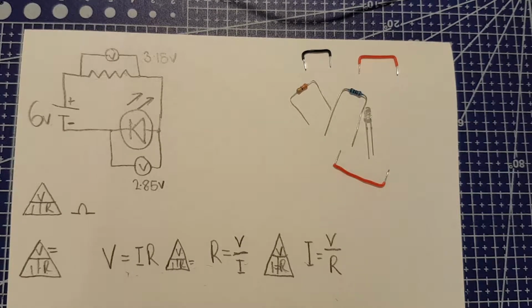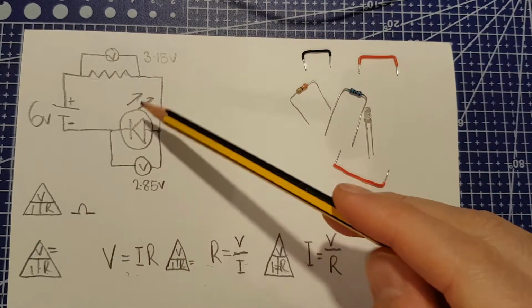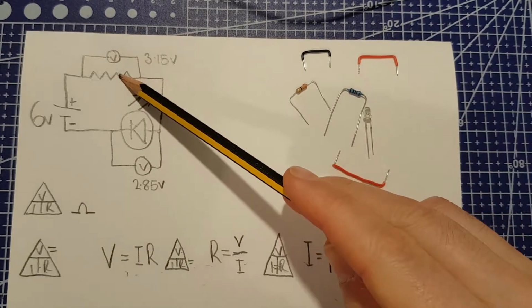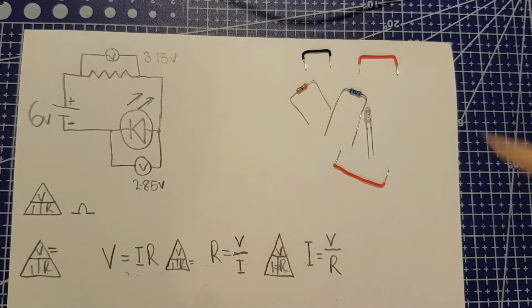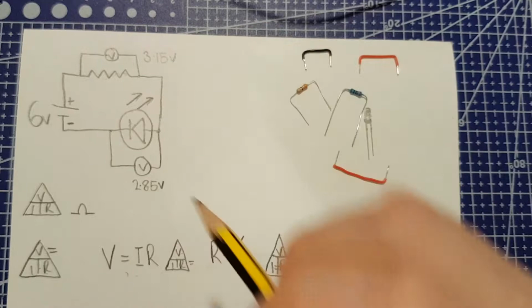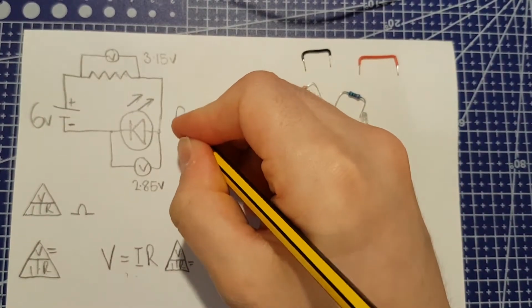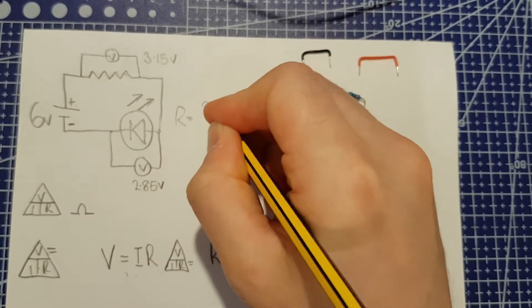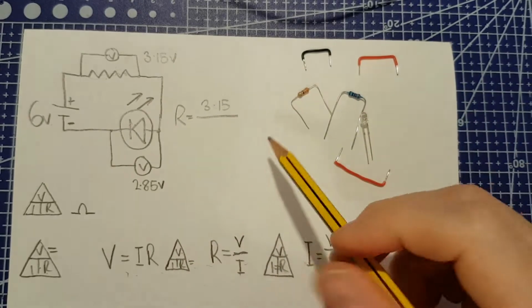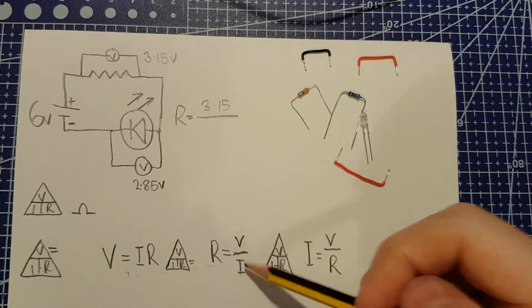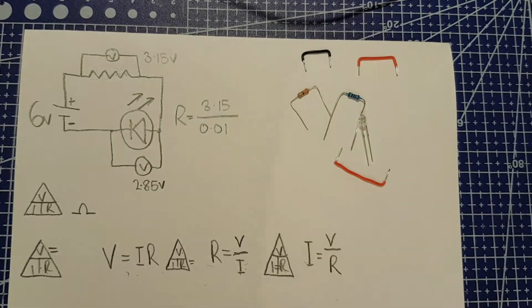0.01 amp. Okay, now I know the current that I want, I know the voltage that I have across this resistor, and I want to find out what value of resistor I should use. So I need to use the formula that's down here. So I need to use R equals 3.15, because we already have our voltage here, divided by the current, which is 10 milliamps, there.